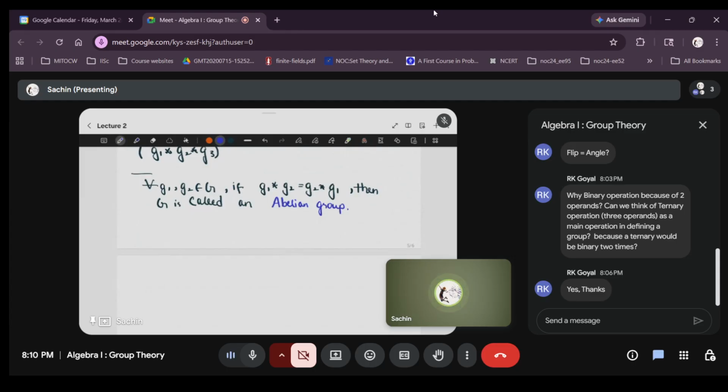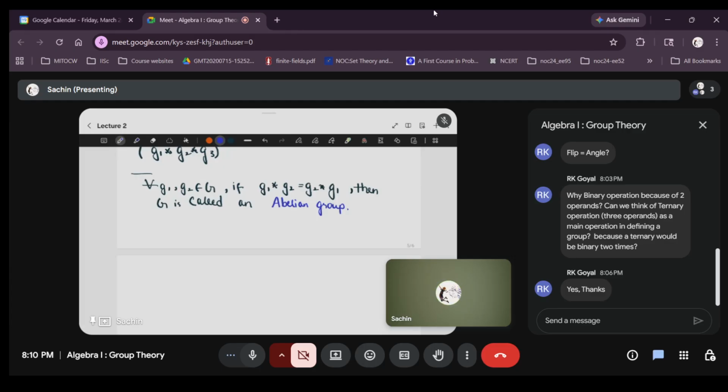It is named after a mathematician called Niels Abel from Norway, whose idea sparked the systematic study of groups. Though the term group and all these things actually came later, and he was not the one who named these things or studied these things as directly as groups.